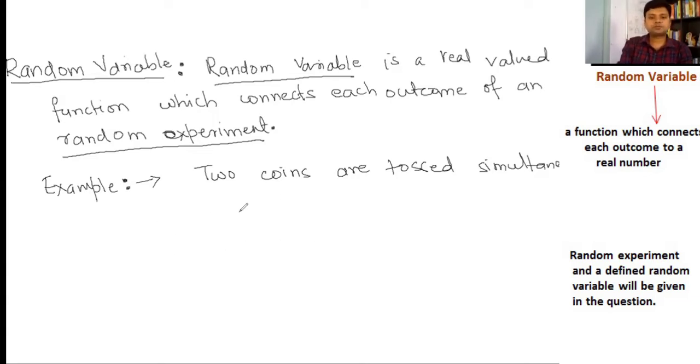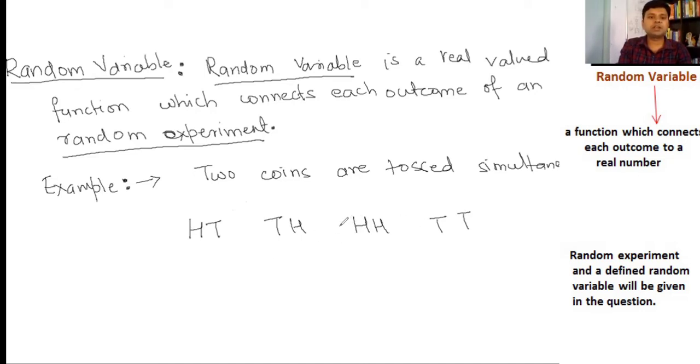If two coins are tossed simultaneously, then what will be the outcomes? It can be both coins head, head; one coin head, tail; or both tail, tail. So outcomes are head tail, tail head, head head, tail tail.